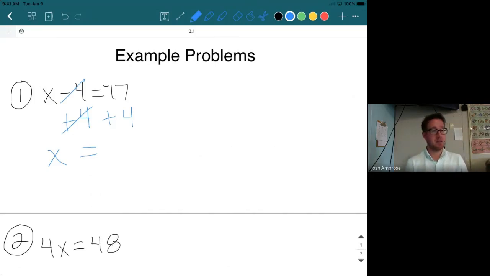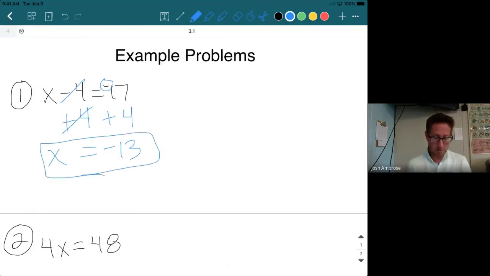Now pay attention here because you have a negative with the 17. So think a little bit about this here. The 17 is the bigger number, so your answer is going to be a negative. Now, if you just wanted to think what's 17 minus 4, that's going to give you 13. So x is going to equal a negative 13.